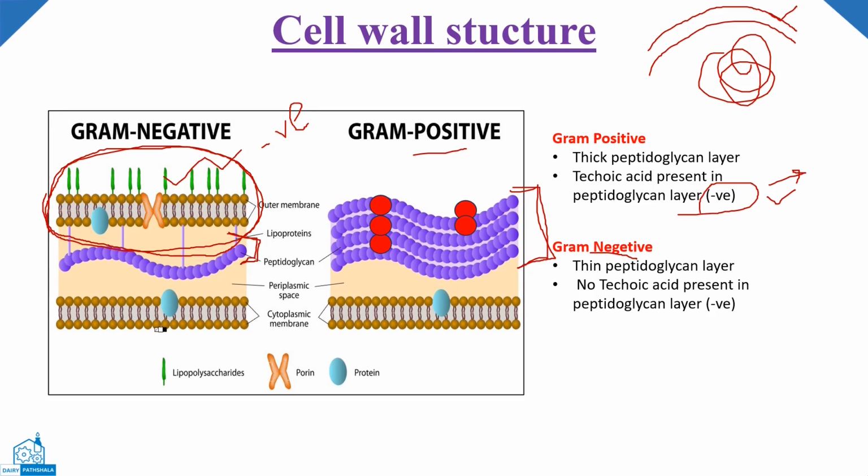So gram negative also has negative charge, gram positive also has negative charge, but here the negative charge is due to teichoic acid, and here it is due to the lipopolysaccharide layer. Here this is a thick peptidoglycan layer, here a thin peptidoglycan. Remember this.